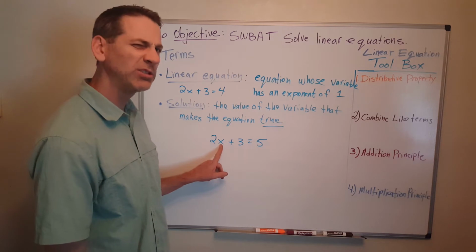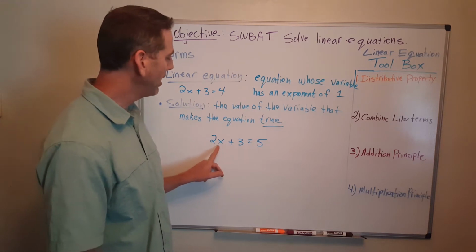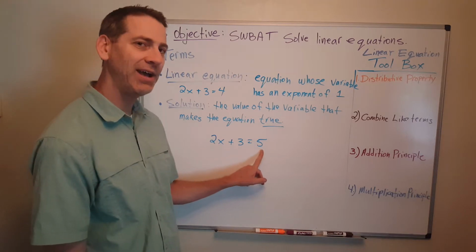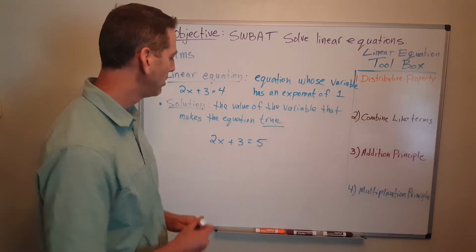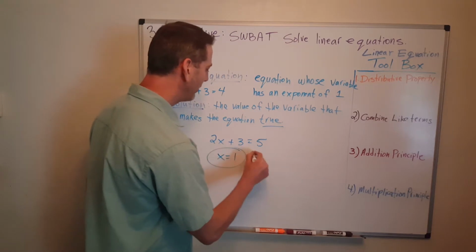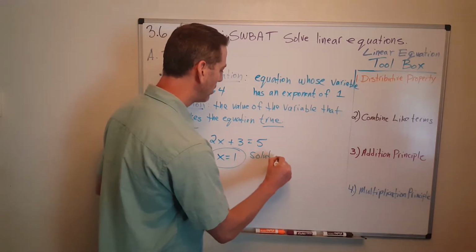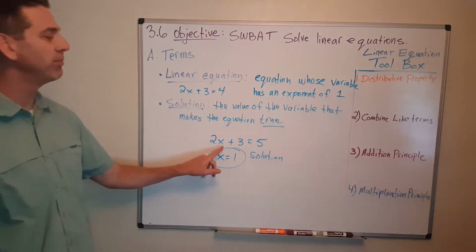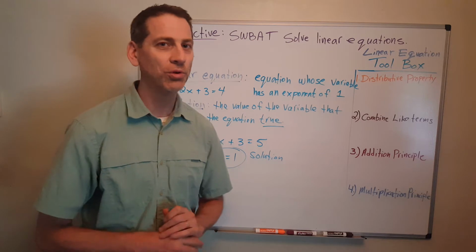Well, let's try 1. 2 times 1 is 2. 2 plus 3 is 5. So the solution would be x equals 1. That's the solution, not the answer, the solution. Again, it's the value of the variable that makes the equation true.